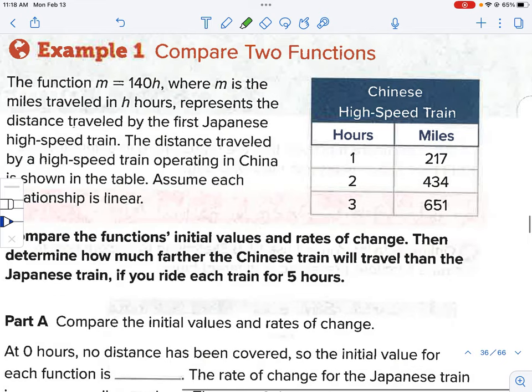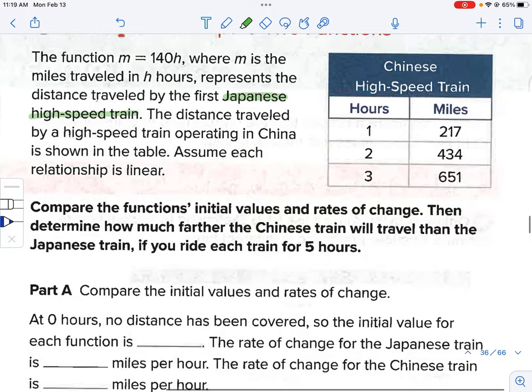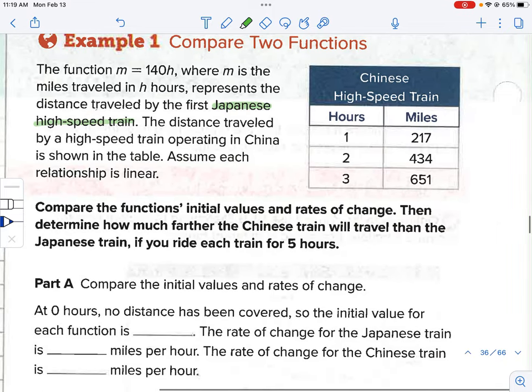Okay, so I look right here. It says the function m equals 140h, where m is the miles traveled in h hours, represented by the distance traveled by the first Japanese high-speed train, and the distance traveled by the high-speed train operating in China.